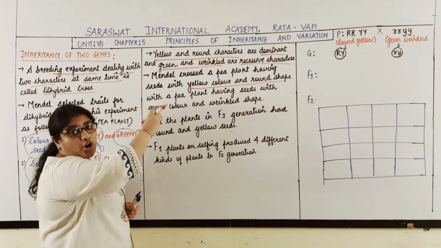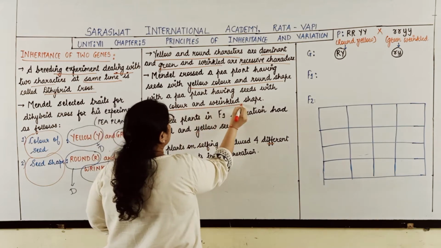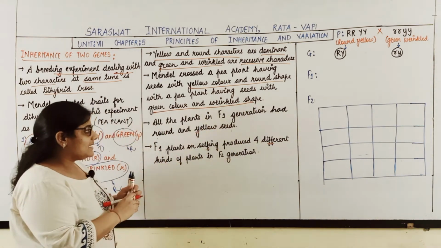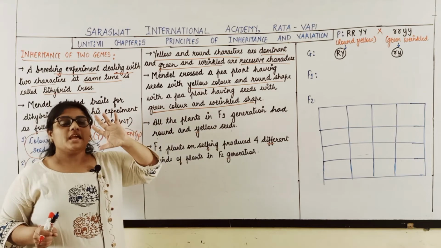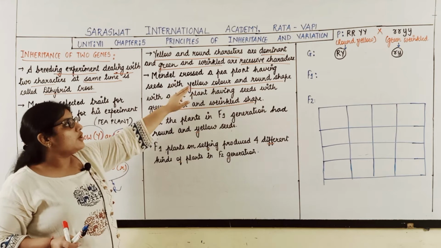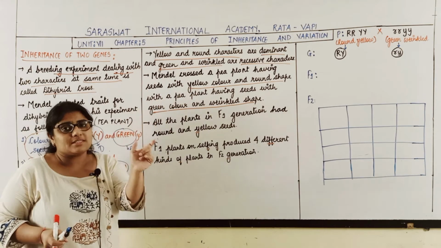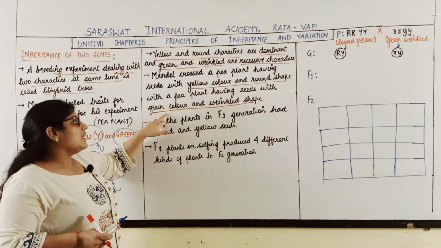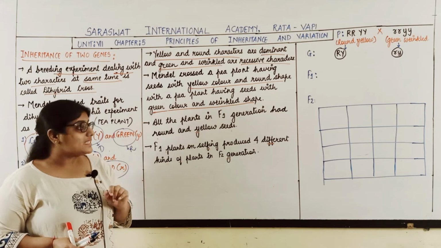So one parent selected by Mendel was dominant for both characters, the color of the seed and the shape of the seed. He crossed that plant with a plant having green color and wrinkle shaped seeds, which means recessive for both characters.